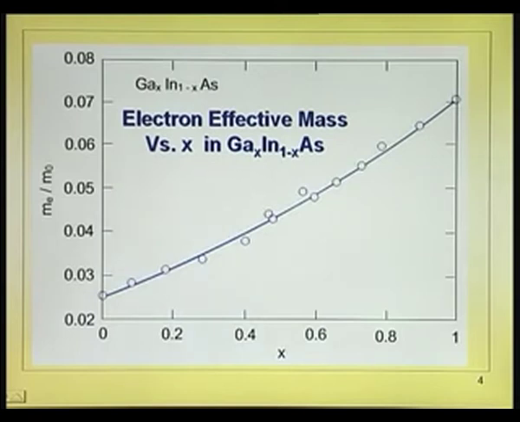Okay. So, now this is just out of interest, just to see what sort of effective masses gallium indium arsenide has compared to gallium arsenide. Obviously, the mobility is high, and because the mobility is high, effective mass must be much lower.